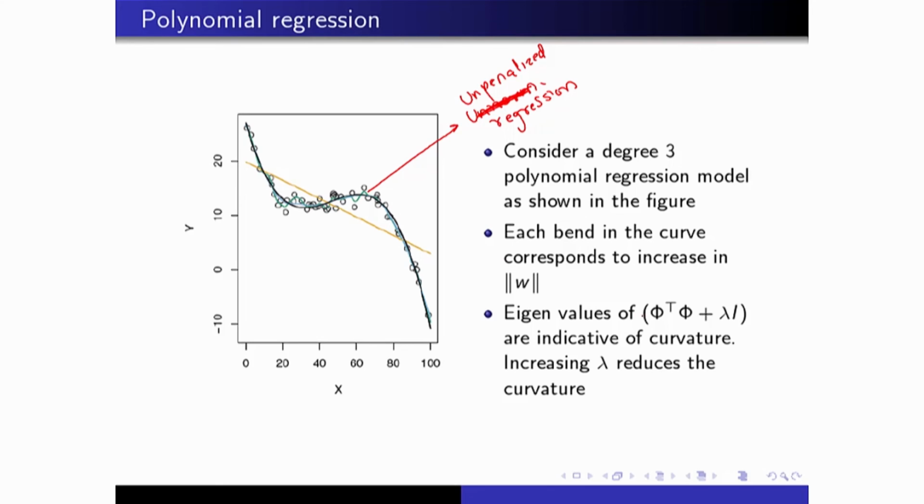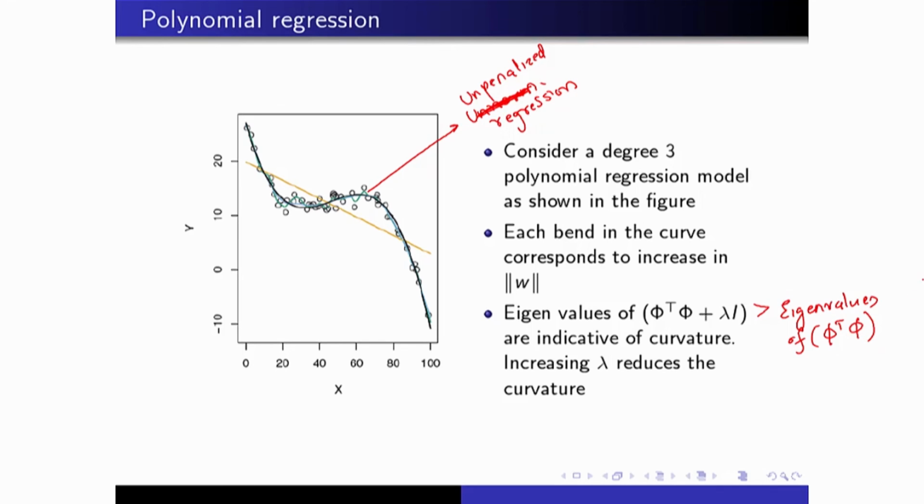What actually happens is that the eigenvalues of phi transpose phi plus lambda I are indicative of the curvature. So the eigenvalues of phi transpose phi plus lambda I can be proved to be always greater than the eigenvalues of phi transpose phi alone.